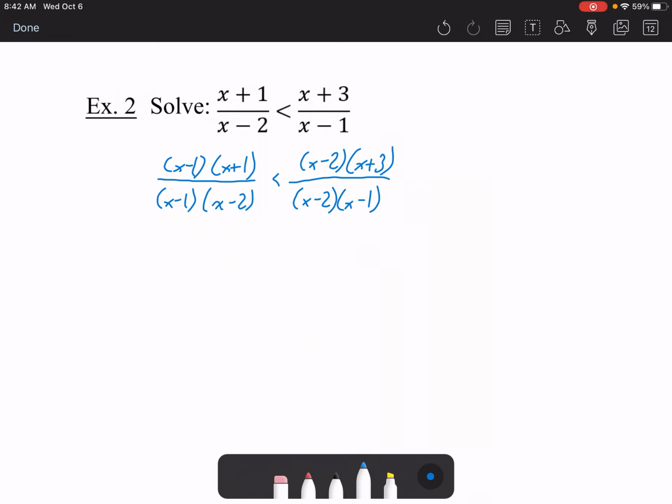Now, unfortunately, in this case, you cannot actually get rid of your denominators. You have to include them. You've got to keep those factors there to verify where your function is positive or negative. So at this moment in time, I'd move everything to one side. Doesn't matter which side you choose.